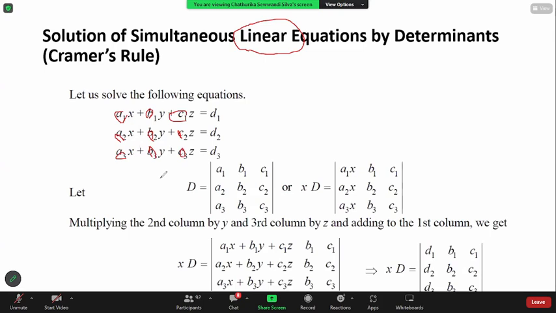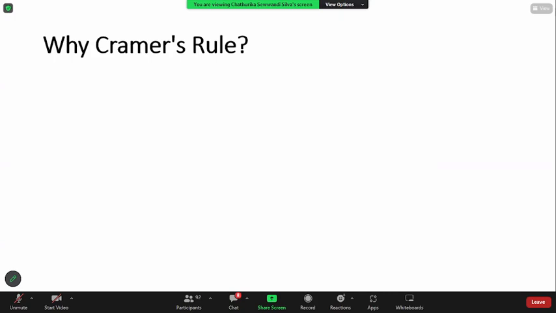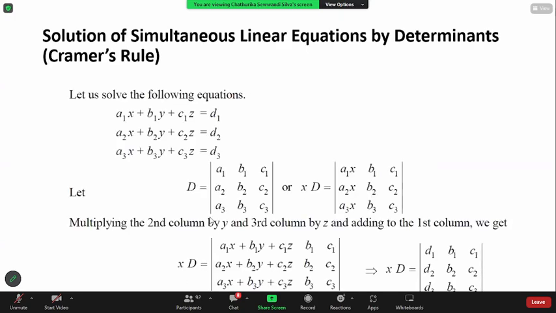Using these 9 coefficients, you will formulate this matrix called D. Then using this particular matrix and also D1, D2, D3, you will be able to find what X, Y, and Z are.